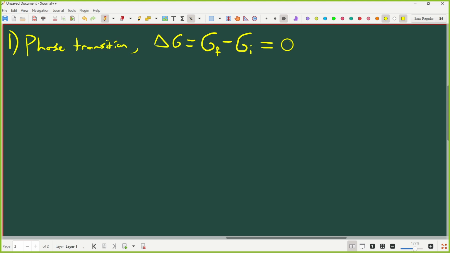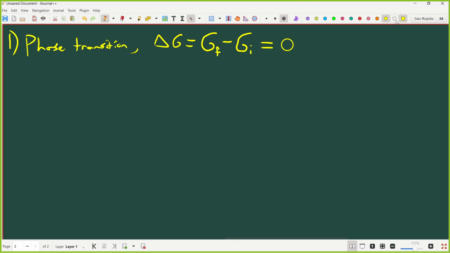So what we have here is some equilibrium where our Gibbs energy is 0. And so what if we vary Gibbs energy a little bit? What if we jiggle our temperature and pressure a little bit, jiggle our parameters for Gibbs energy, and let the system equilibrate, right? So every change that we make with G, if we're at equilibrium, that jiggle will kind of come back to 0, and we can constrain it. So what we can do is write this.